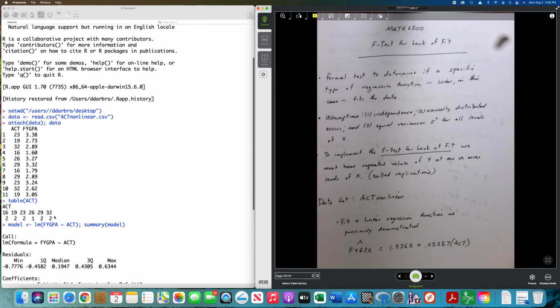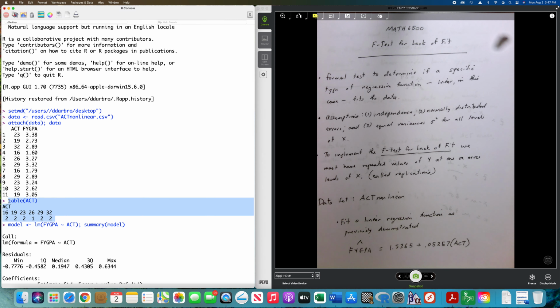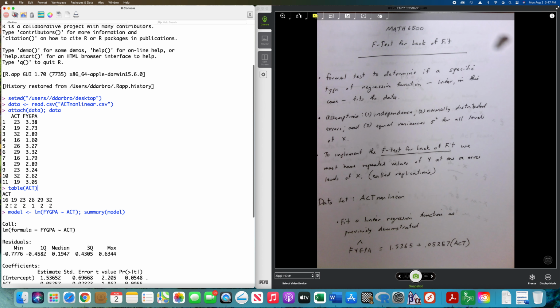The first thing I did here is create a table of ACT, because I need to check that I have at least one level of x where I have a repeated value. You can see that we have 6 ACT scores, and all of them have repeated values except for the ACT of 26. There's only one 26 in the data set.